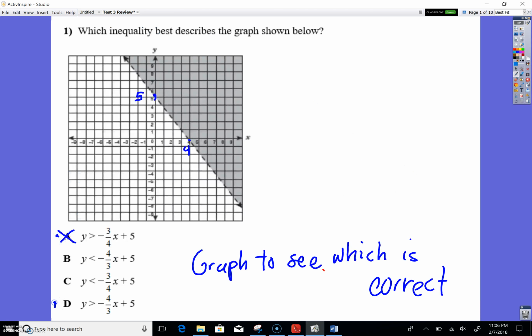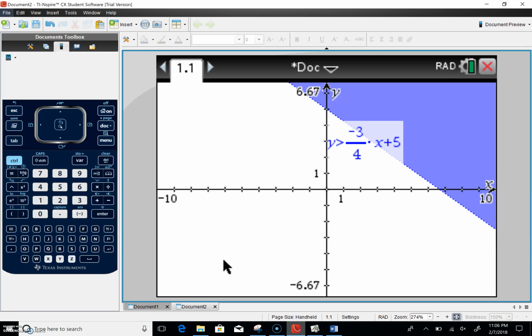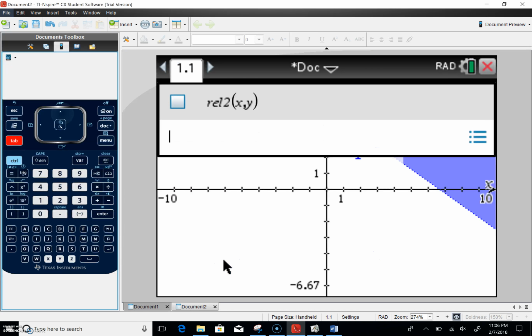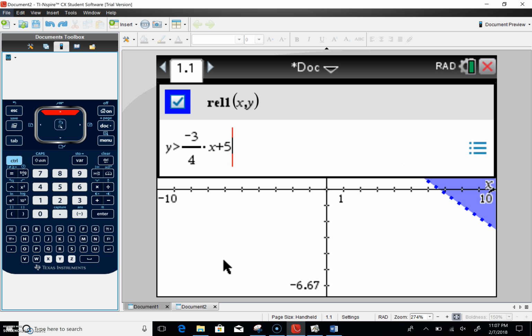So I'm going to try D. I'm going to press tab. I'm going to go back up to my problem. I'm going to put D in, -3, 4 over 5.